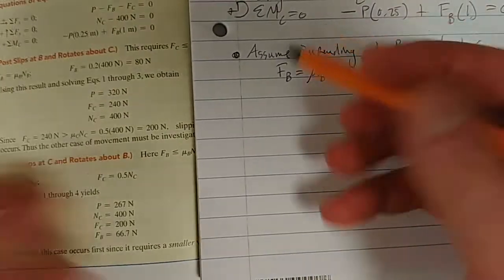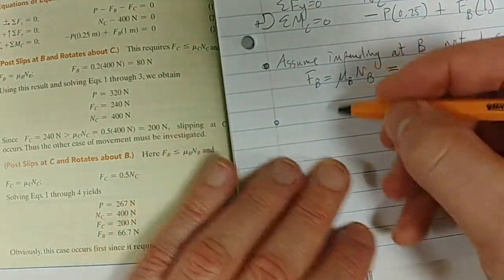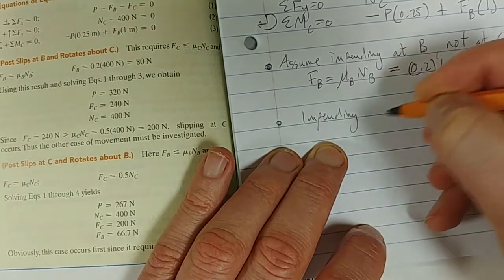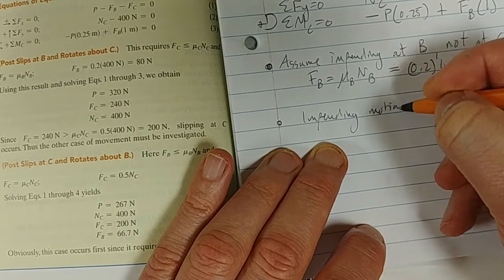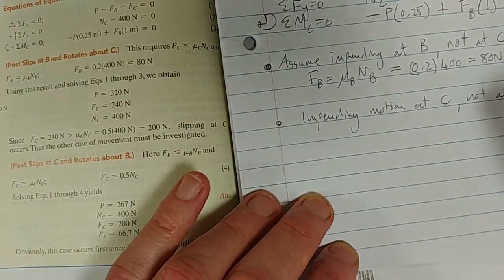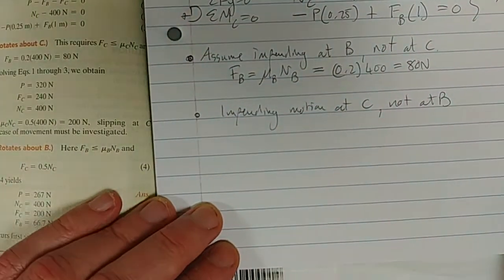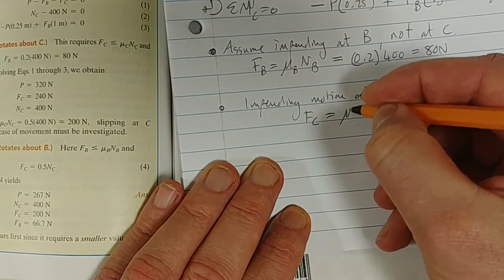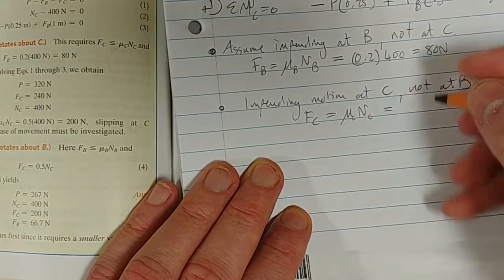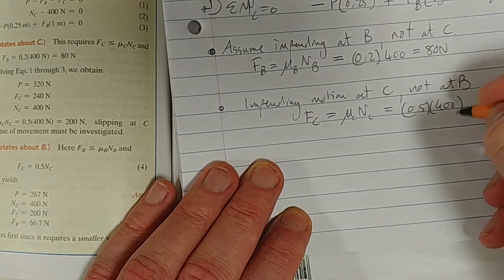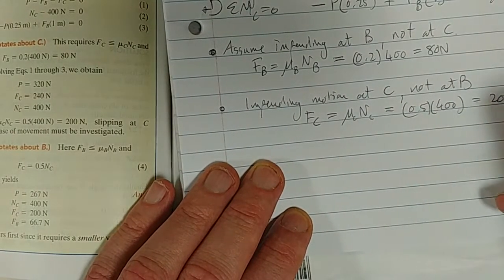So then the next thing we look at is impending motion at C and not at B. That means FC is equal to mu C NC, which is 0.5 times 400, which is 200 Newton.